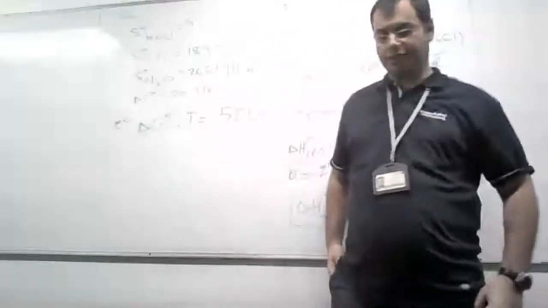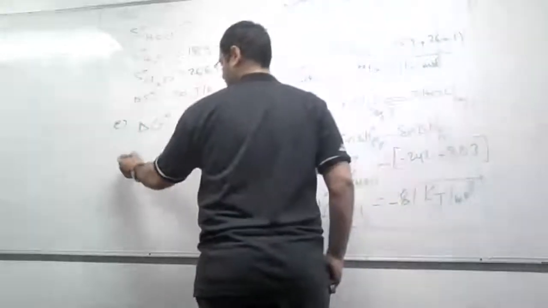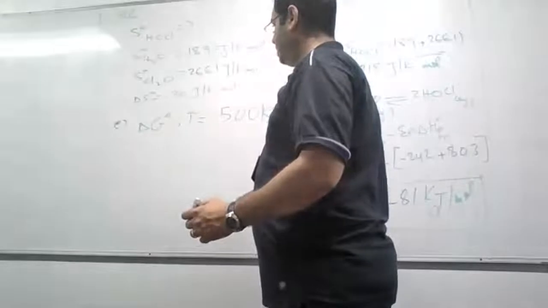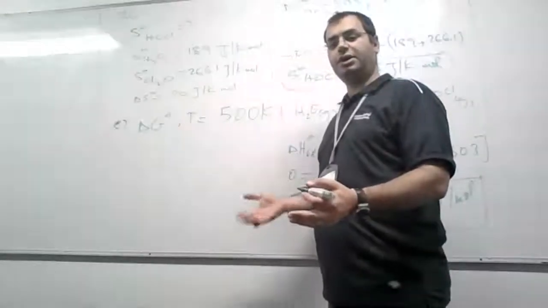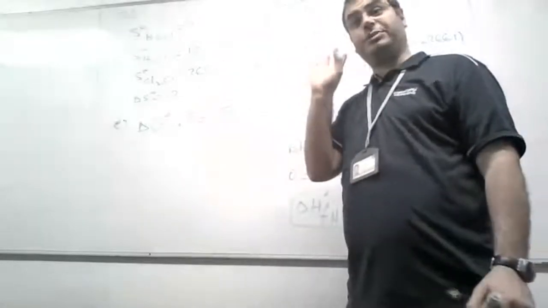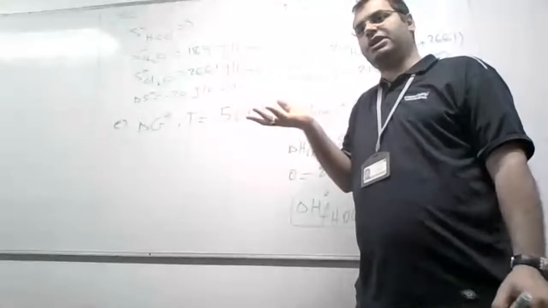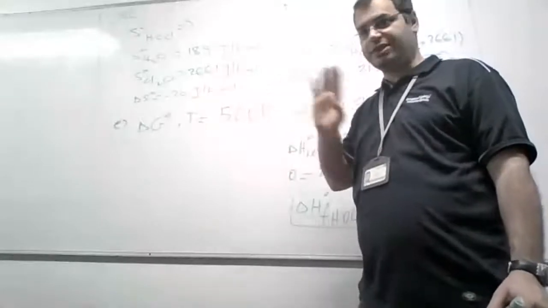Brave heroes. So negative, give me the link, you don't have the K. It gave me 500, so the K changes with temperature. That K at 298 is not used. Otherwise you will get the same answer. Maybe you will get the same answer but you cannot use it now.